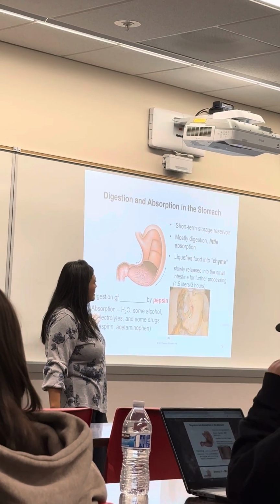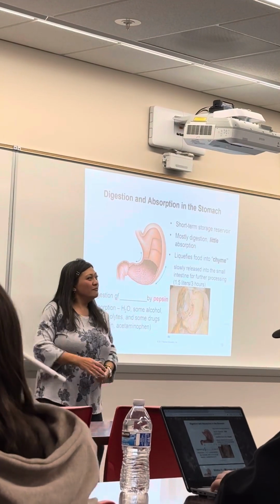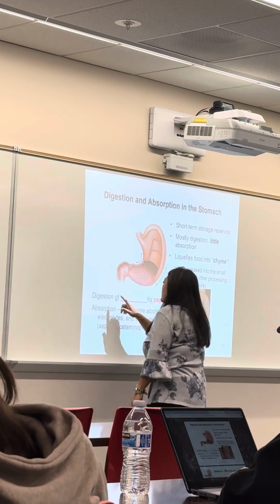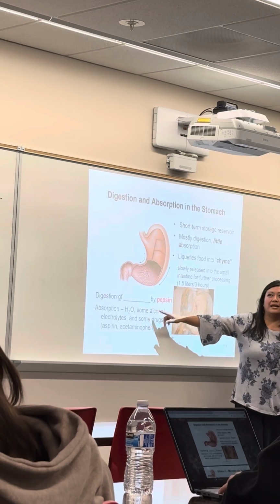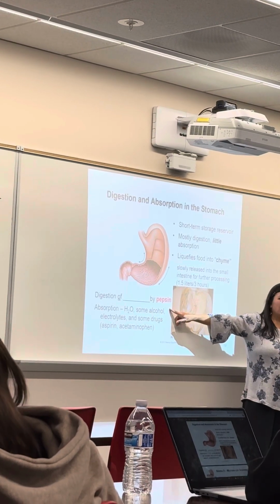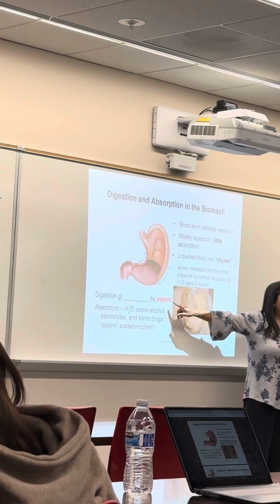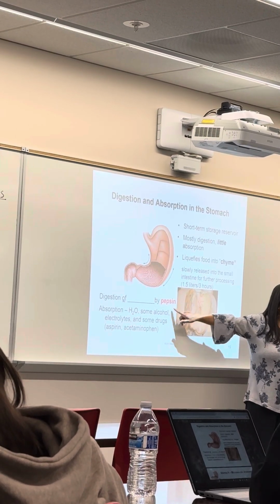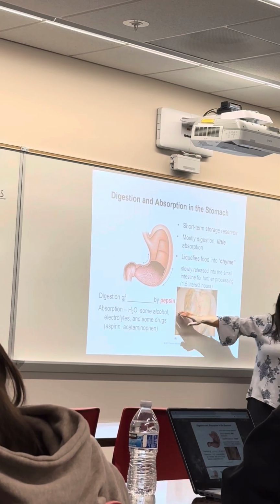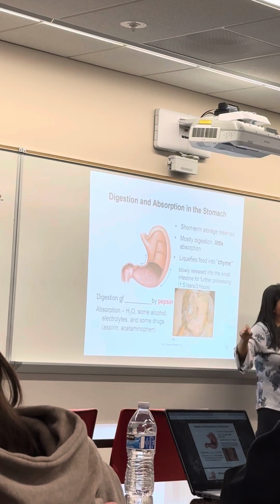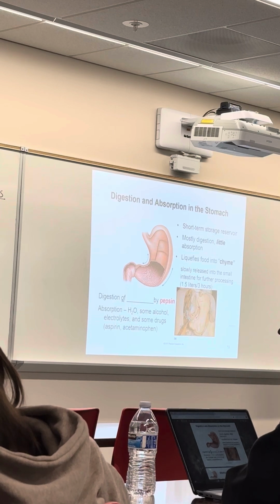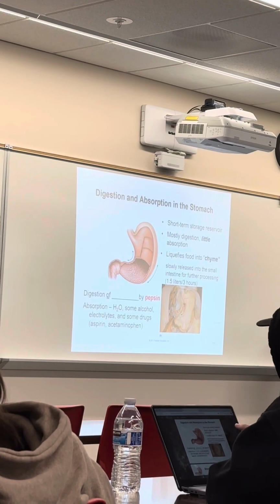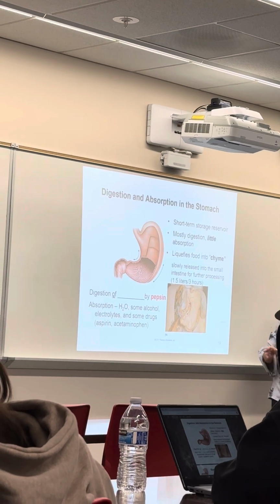But what exactly is going to be digested here? Proteins is the big one. So digestion of proteins by the enzyme called pepsin. Pepsin is released by the epithelium of the stomach. We'll talk about which cells, because there are specific cells that histologically you should be able to understand exist in structures called gastric glands.